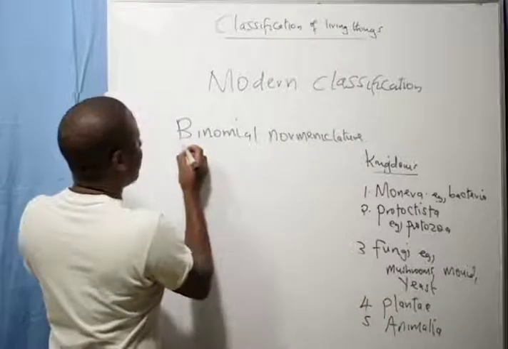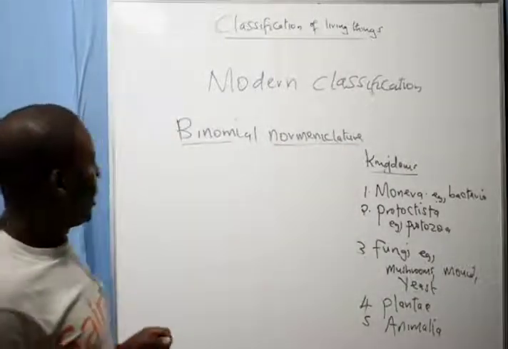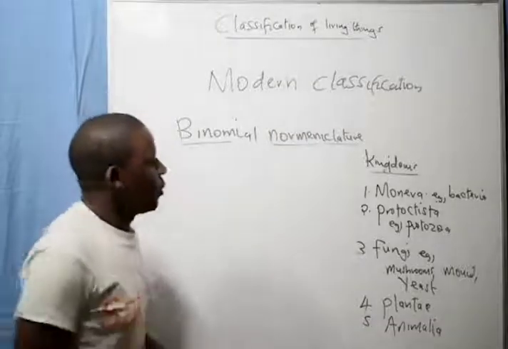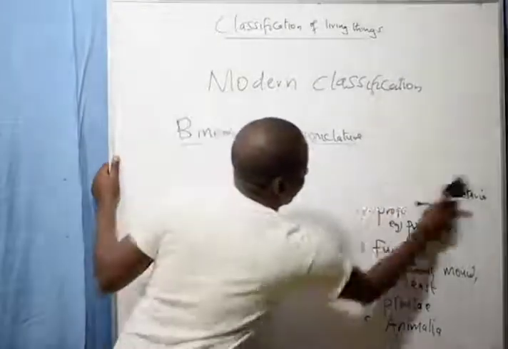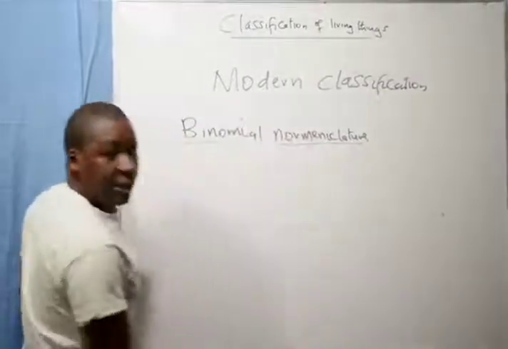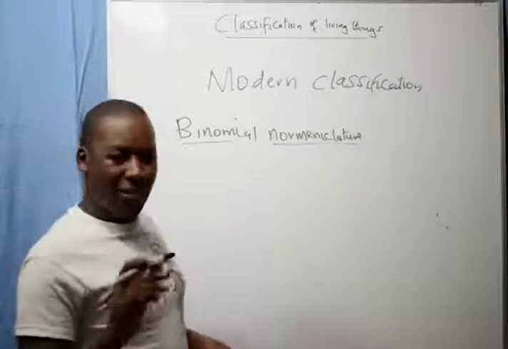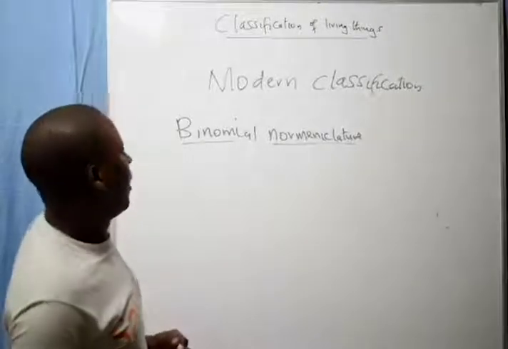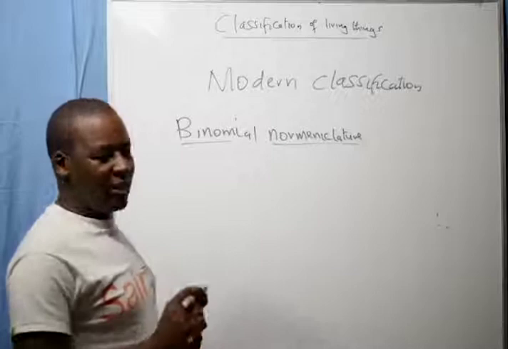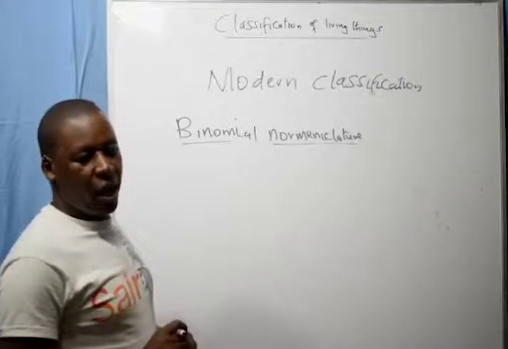So organisms are given scientific names under a system of naming known as binomial nomenclature. Binomial nomenclature is a system where living organisms are given names from the genus they belong to and from the species they belong to.